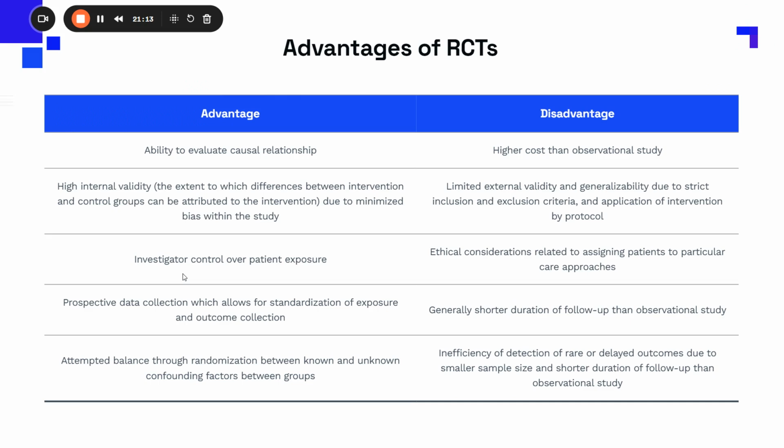As there are a lot of stakes in RCTs, the financial constraints are also going to be higher compared to observational studies. There is going to be very high internal validity because of strict inclusion and exclusion criteria. Then it could be a drawback because there will be very low external validity, and generalizability cannot be done as in an observational study.